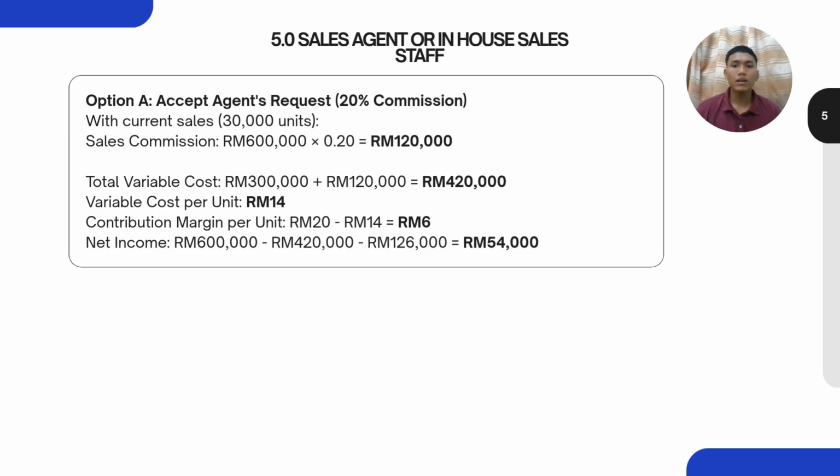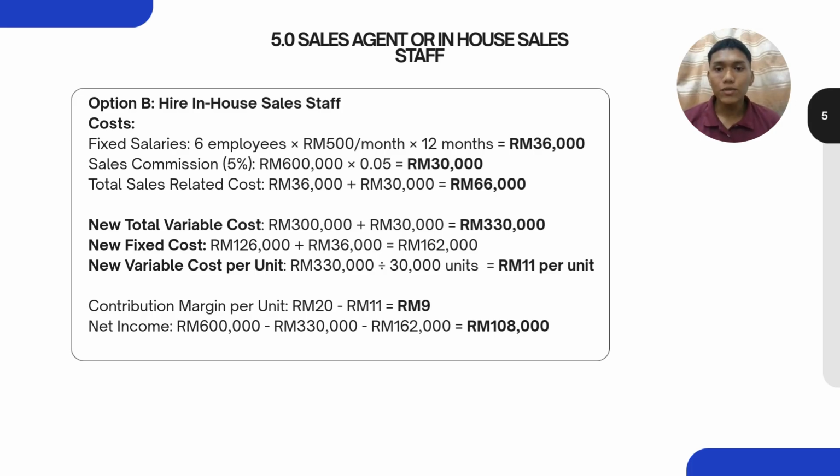Next, the variable cost per unit will become 14 ringgit per unit. So, the contribution margin per unit is only 6 ringgit. After deducting fixed costs of 126,000 ringgit, the net income is only 54,000 ringgit for option A. So, the company only earned 54,000 ringgit as profit in option A.